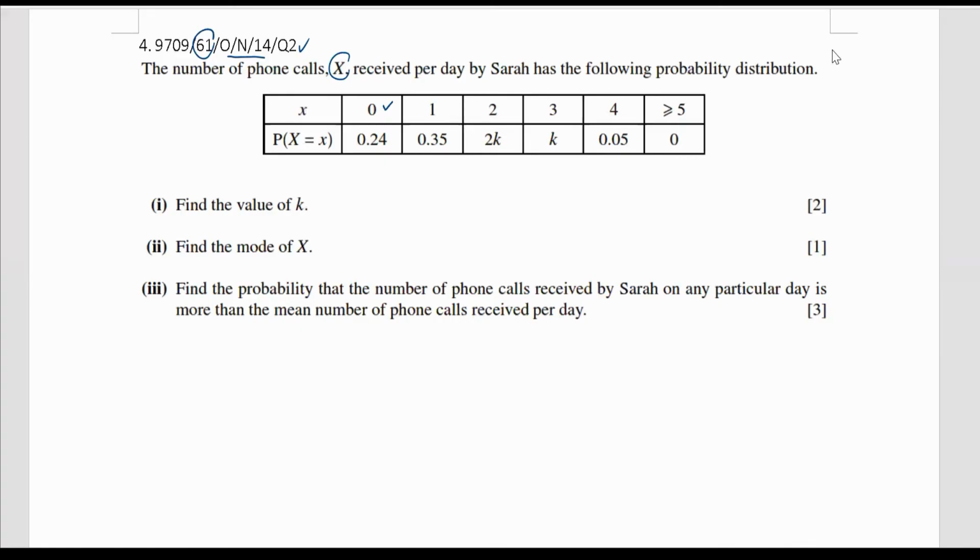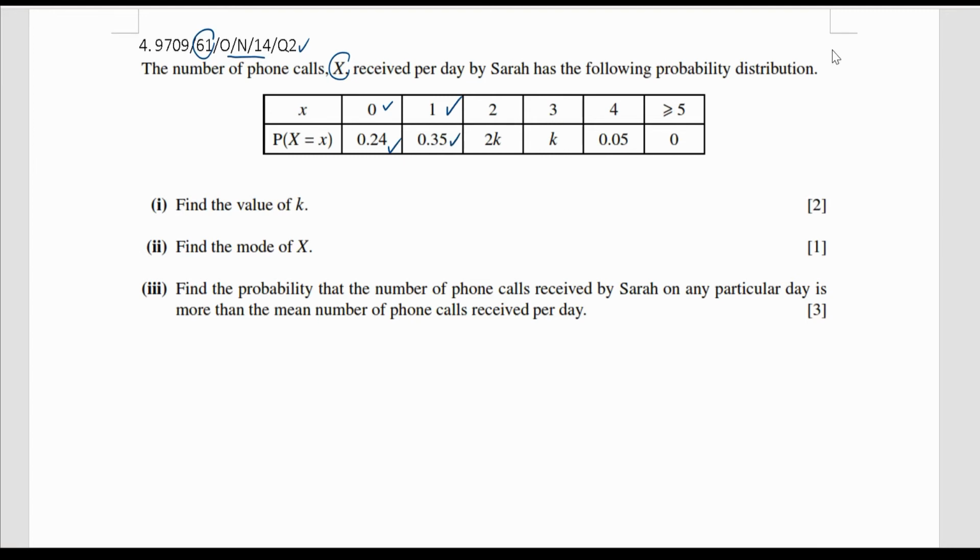right? It means that she received 0 calls in a day, and the probability is 0.24. So the number of phone calls she received is 1 per day, given the probability 0.35, right?